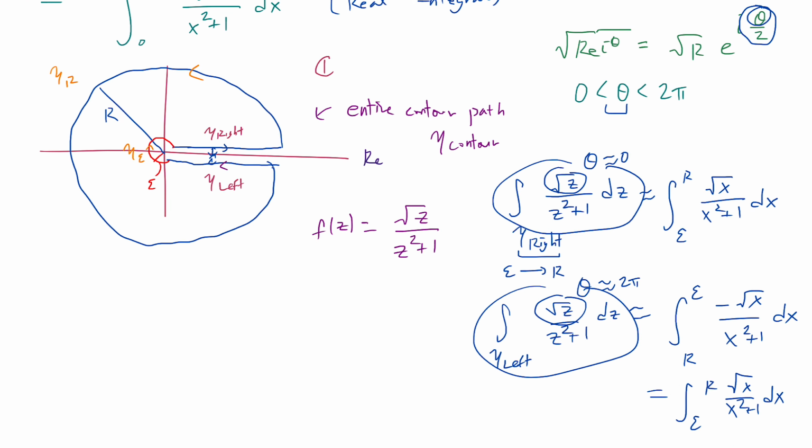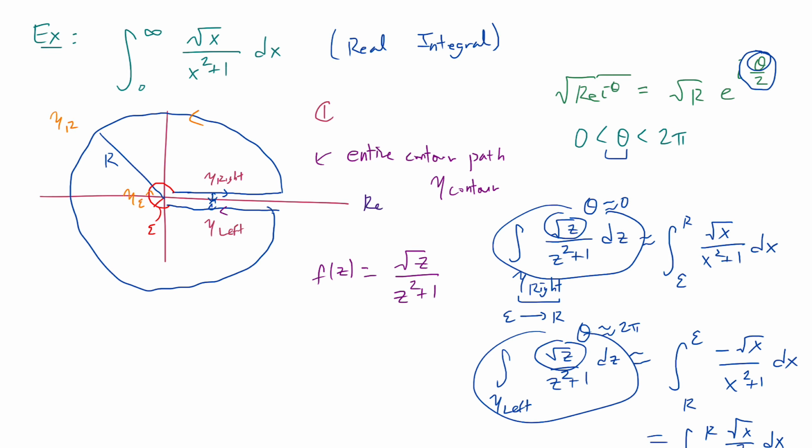So essentially what is happening here? Call the main integral that we care about, the one we want to find, I. In the limiting case where we're moving these to the real axis, you let epsilon go to 0, you let r blow up to infinity.